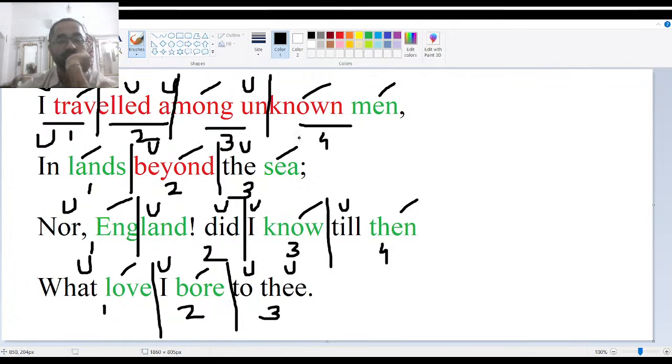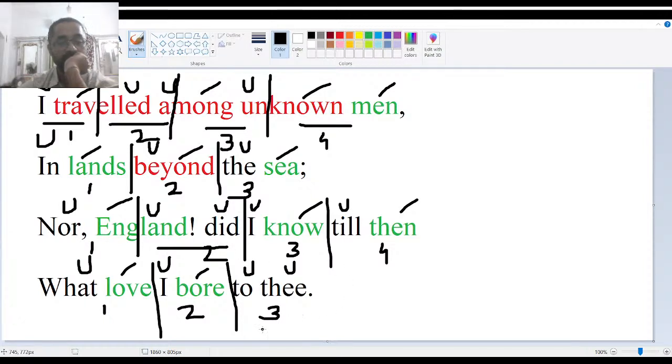Anything other than an iamb is a variation, like we have it here. Pyrrhic in the second foot of the first line. Third foot of the first line is a trochee. In the next line you don't have a variation. In the third line you have variation in the second foot. Second foot is a pyrrhic.